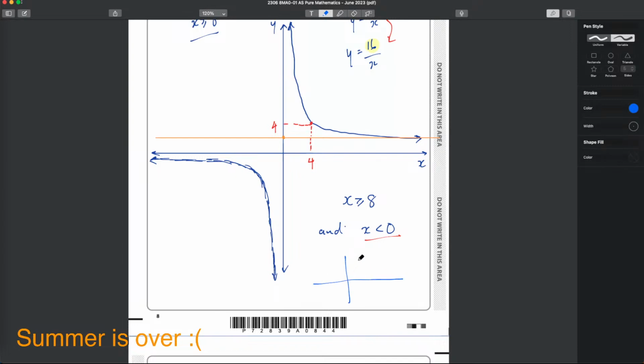Do a quick sketch down here. The tangent function is like, oh, that's terrible. Something like this.